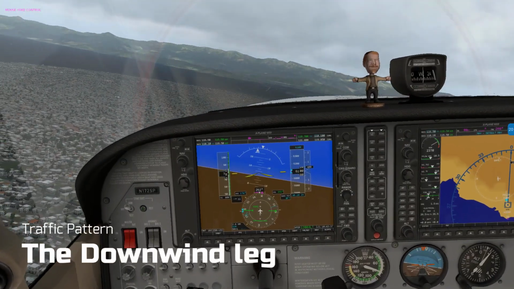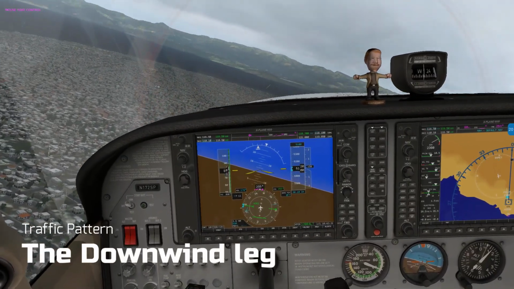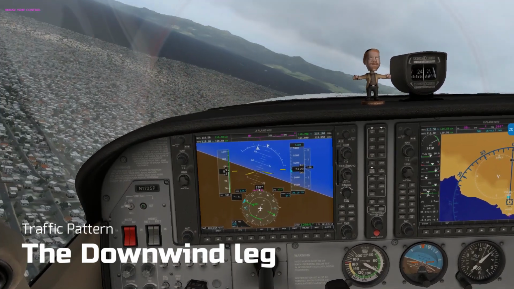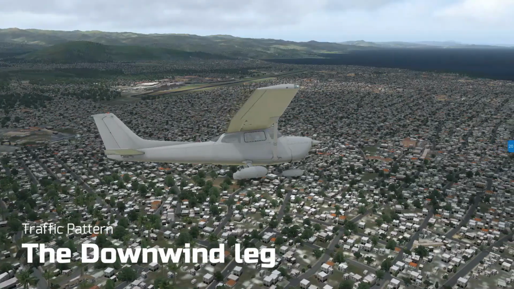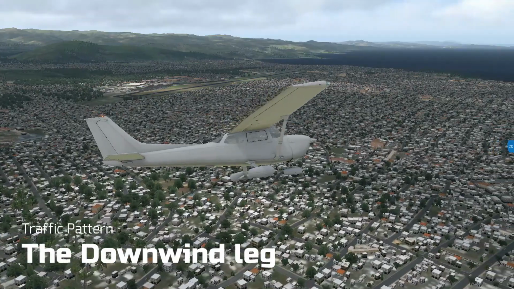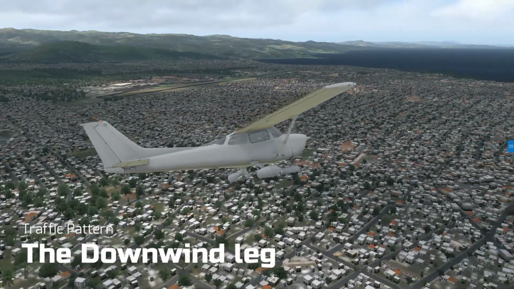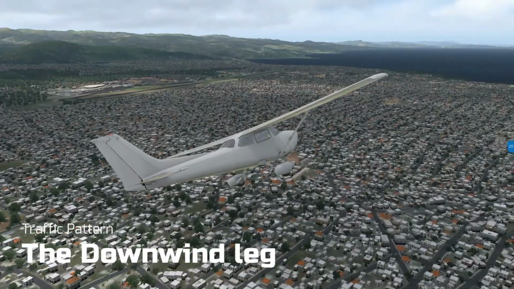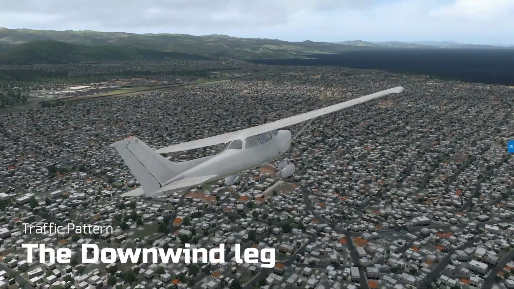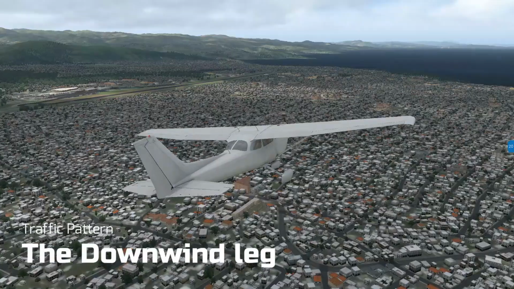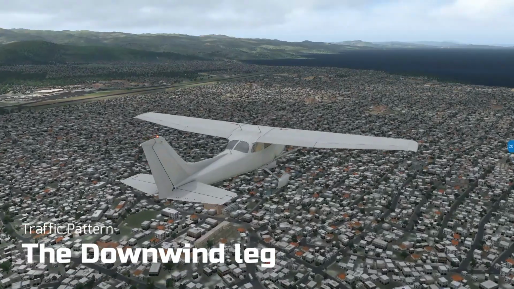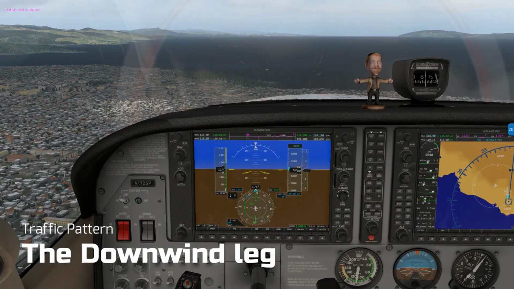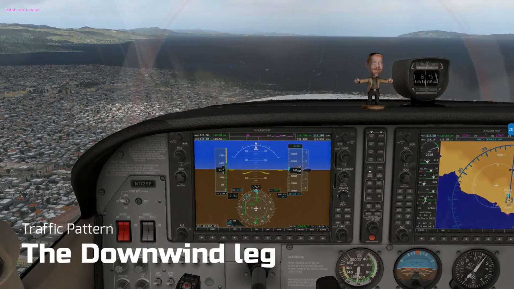And next up, the downwind at a target heading of 175 degrees. This time I'm at the right distance. Our speed is good and will allow us to fly the downwind faster.